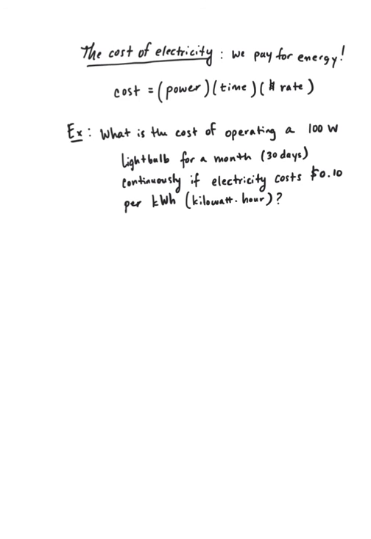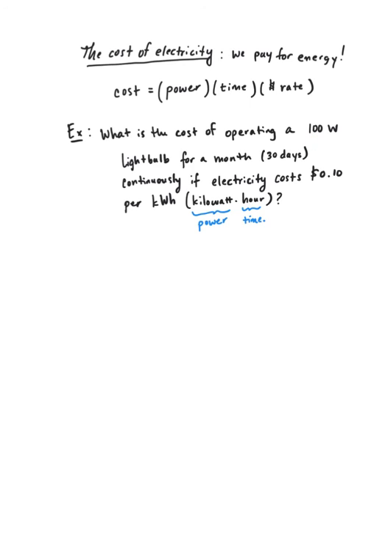Often utility companies will charge you by the kilowatt hour, kWh. Kilowatt is a unit of power, and hour is a unit of time. Kilowatt hour costs 10 cents in this particular example, and you are going to operate a light bulb continuously for 30 days, an entire calendar month, like the entire month of April.